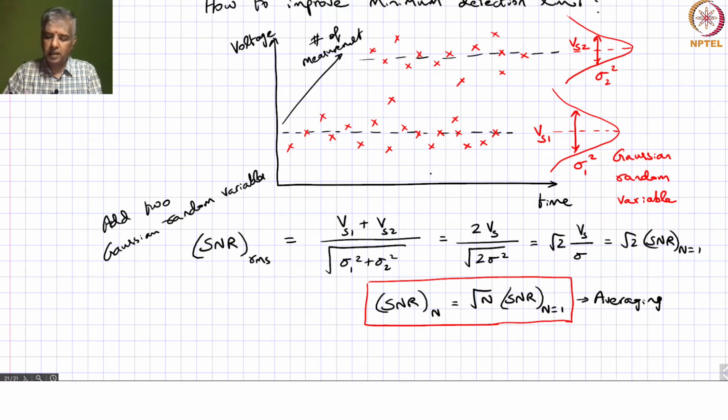Because it's only when they are independent that you can do this sort of simplification here. So, that's when you get this improvement in the signal to noise ratio. So, as long as each of those points are independent from each other, you could possibly do an average across n samples. So let's look at this in a separate page.